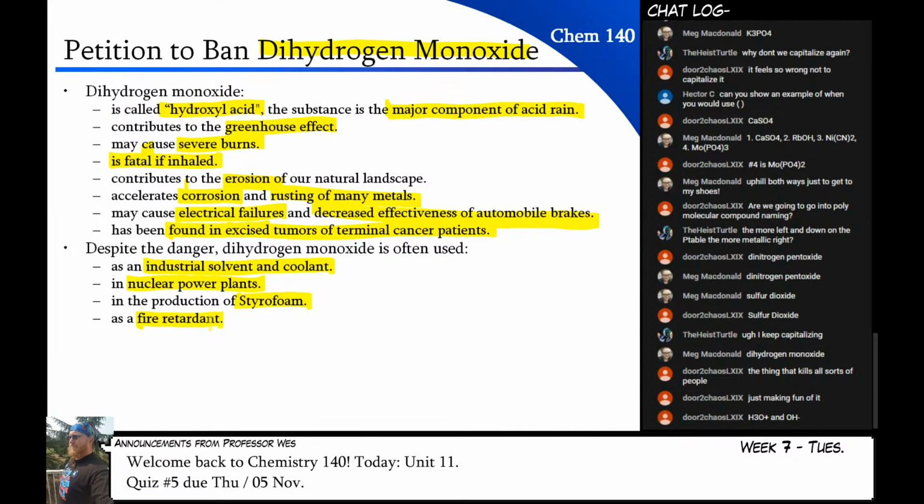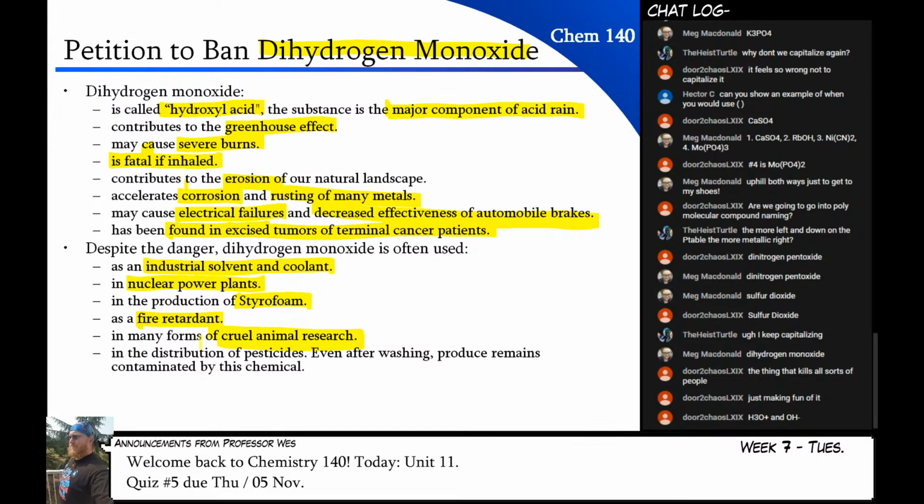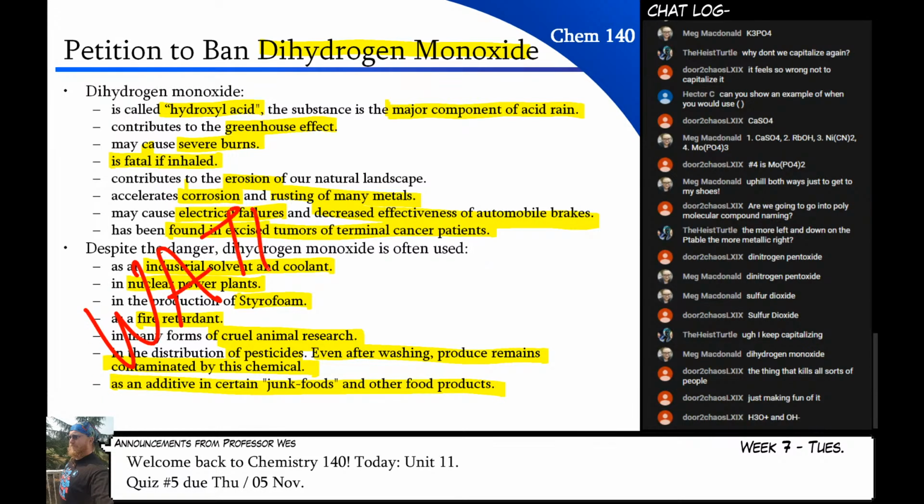Oh, no. We use it in animal research. Note that I've put the word cruel here because all animal research is cruel. We use it in pesticides. Even if you wash it, it's still contaminated. And it's in junk food. It's everywhere. And do you know why it's everywhere? Pardon my French, but it's fucking water.